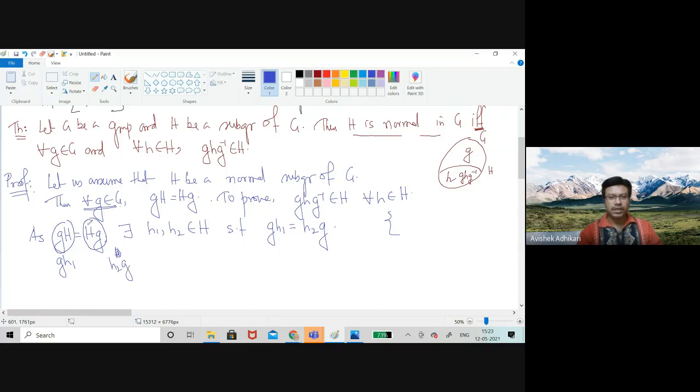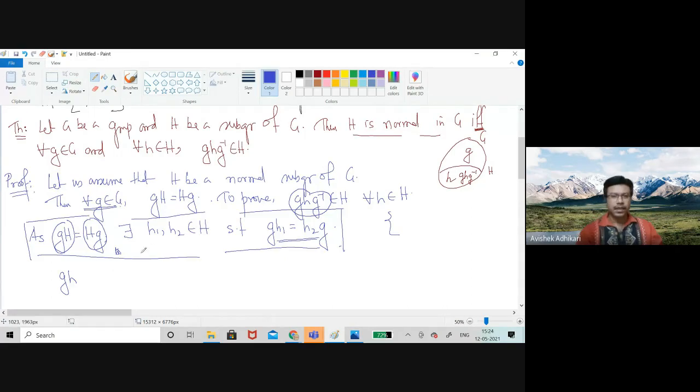So they are equal means there must exist some h1 and h2 such that they are equal. Is this statement clear to all of you? That will sometimes be very much required if we deal with this kind of sets. Is it clear to all of you?